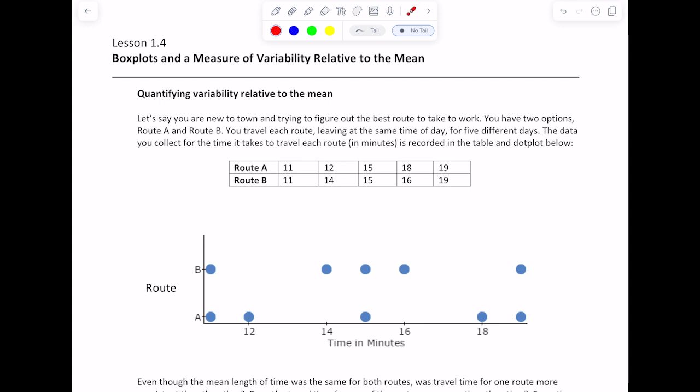For each route, you kept track of the time it took you for 5 days. So it took you 11 minutes to get to work using Route A, and then 12 minutes on the second day, 15 on the third, and so on. For Route B, you also kept track of the time.